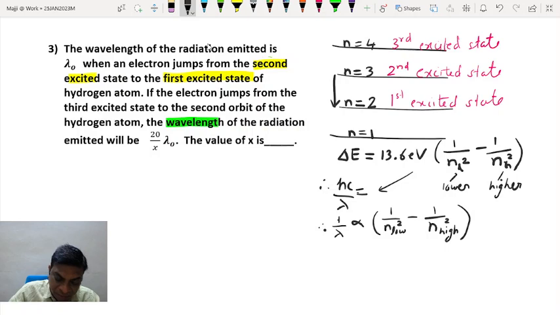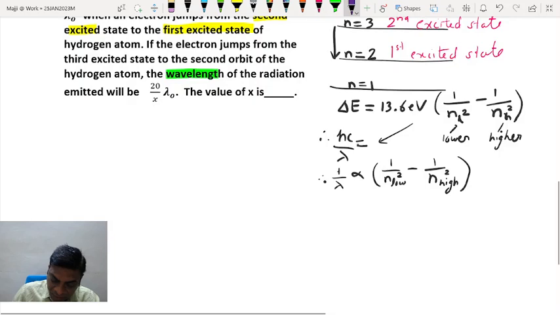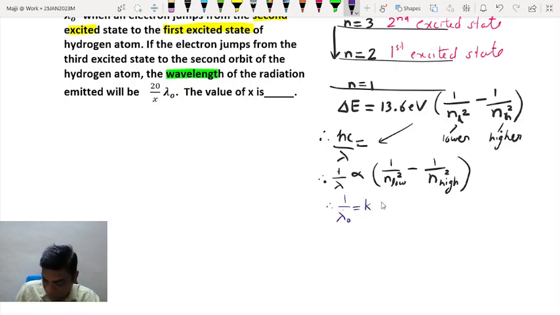So in the first transition, the transition is taking place from n equal to 3 to 2. So I can write 1 by lambda naught is equal to some constant k into 1 by 2 square minus 1 by 3 square, which is k times of 9 minus 4 is 5.